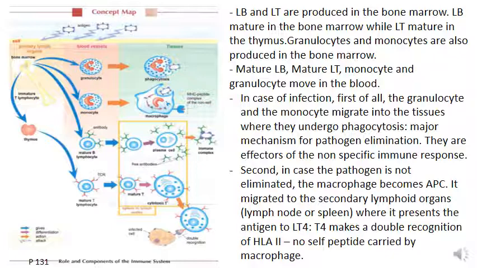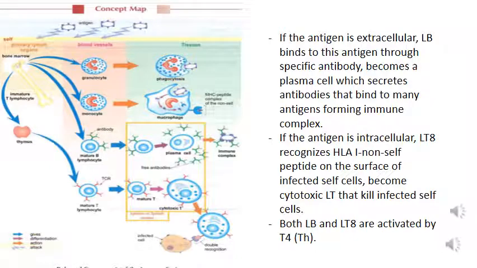So, by this complex HLA non-self peptide, which cell is going to be activated? Do you remember? Yes, it is the T4 lymphocytes. So it is here where the macrophage moves to the secondary lymphoid organ, like the lymph node, to activate T4 lymphocytes or T helper.